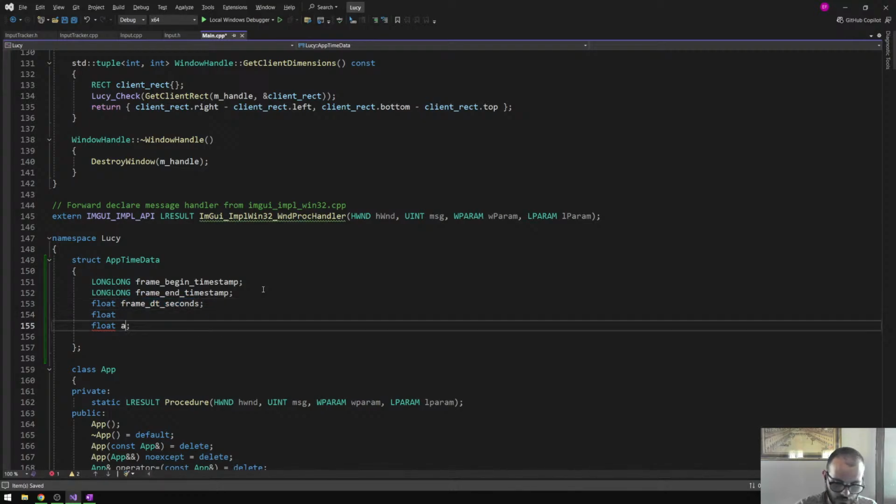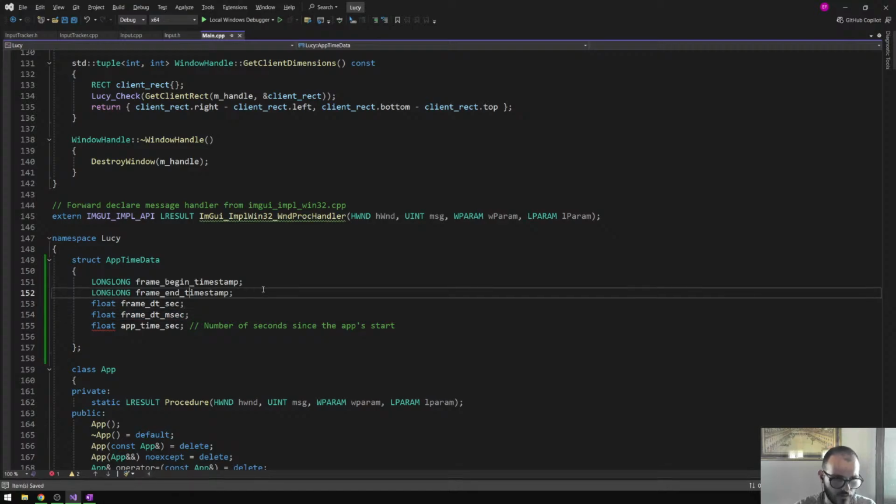So uptime in seconds, number of seconds since the app's start. Float frame delta time in seconds, in milliseconds. Frame, okay, let's call it easy.